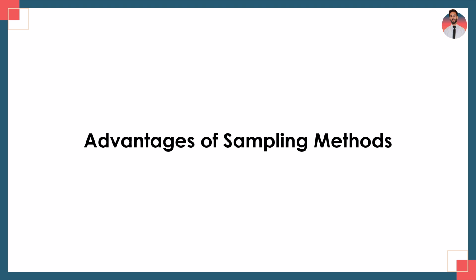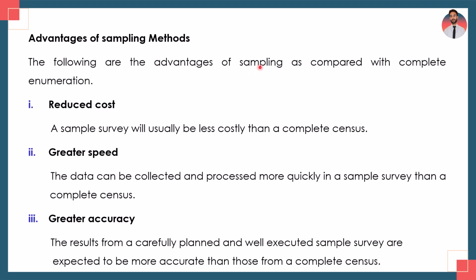In the last point, I will discuss the advantages of sampling methods. The following are the advantages of sampling as compared with complete enumeration. First point is reduced cost. A sample survey will usually be less costly than a complete census. Second point is greater speed. The data can be collected and processed more quickly in a sample survey than a complete census.